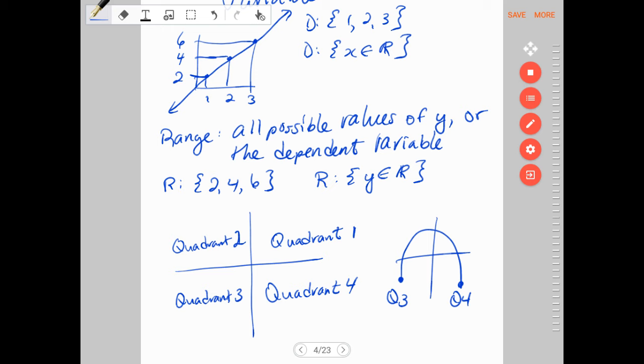So its end behavior then, and I call that EB, is Q3 to Q4. You'll be using end behavior notation from pretty much every chapter on polynomial relations and functions.